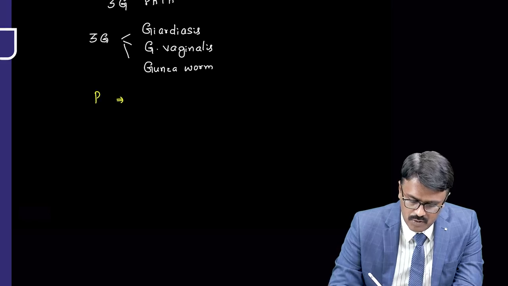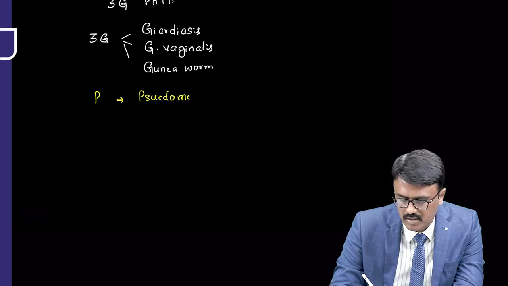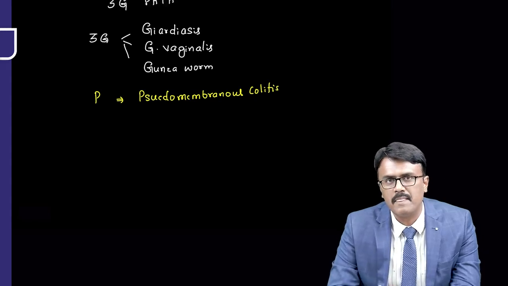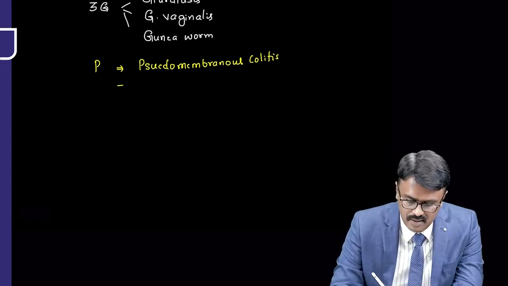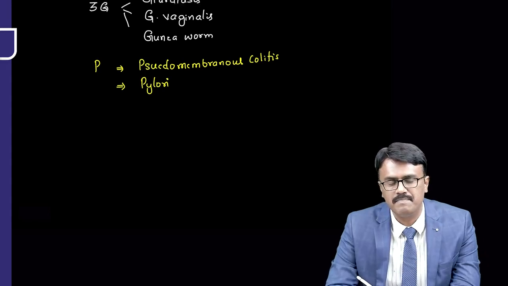Then P: it is used for pseudomembranous colitis. Pseudomembranous colitis is caused by which bacteria, can you guess? Clostridium difficile. It is also used in pylori. Which pylori am I talking about? Obviously H. pylori.